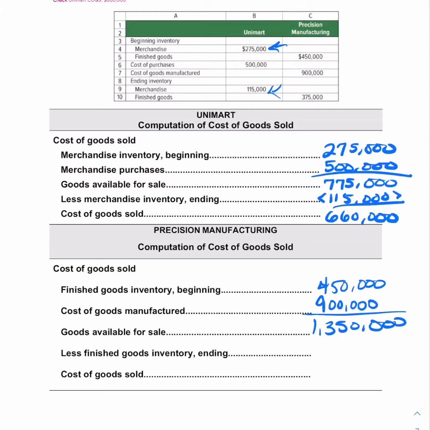I then need to back out my finished goods inventory ending balance of $375,000, and that gives me cost of goods sold of $975,000.